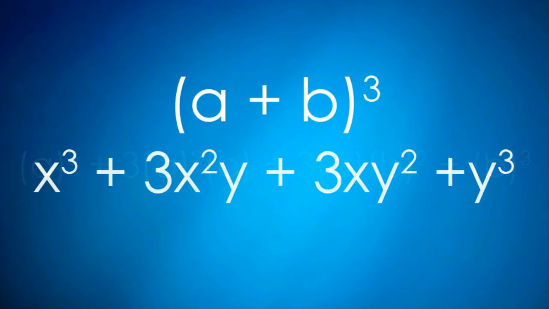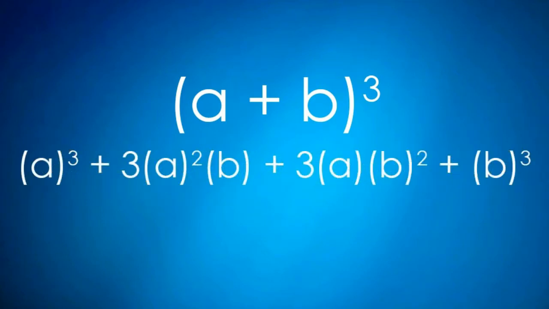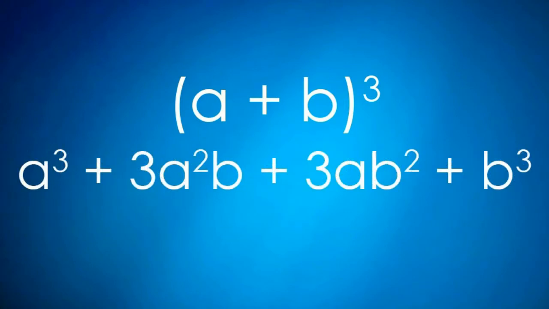The equation will be equal to quantity a cubed plus 3 times quantity a squared times quantity b plus 3 times quantity a times quantity b squared plus quantity b cubed. Simplifying further, the equation will be equal to a cubed plus 3a squared b plus 3ab squared plus b cubed.